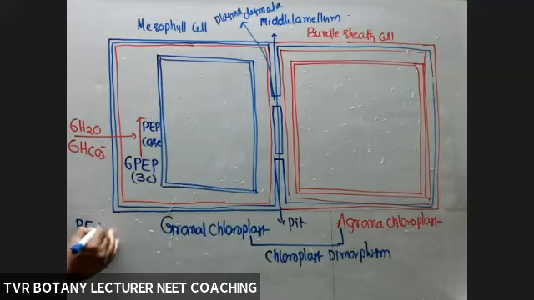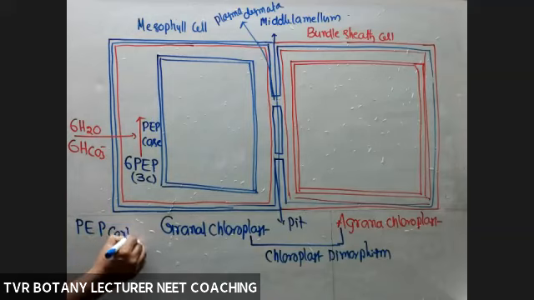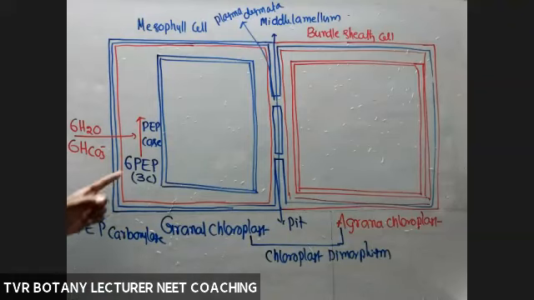Phosphoenol pyruvic carboxylase. What is PEP? Phosphoenol pyruvic acid. So this enzyme is concerned with carboxylation of PEP with CO2.